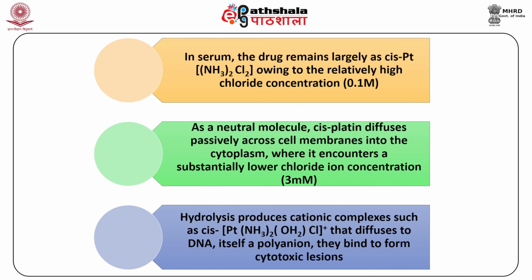Owing to the relatively high chloride concentration, 0.1 molar, as a neutral molecule, cisplatin diffuses passively across cell membranes into the cytoplasm, where it encounters a substantially lower chloride ion concentration. Hydrolysis produces cationic complexes that diffuse to DNA, itself a polyanion. They bind to form cytotoxic lesions.